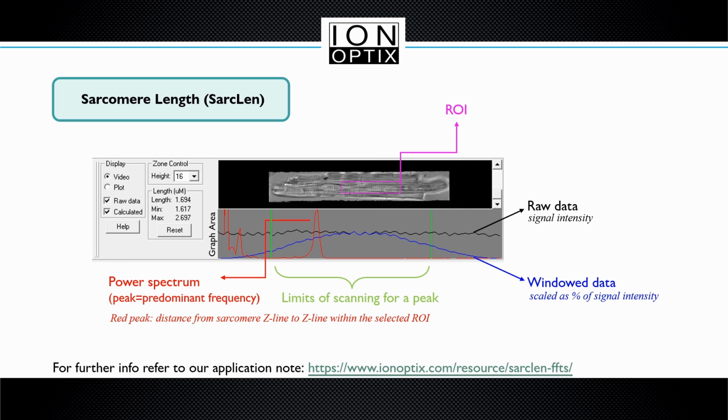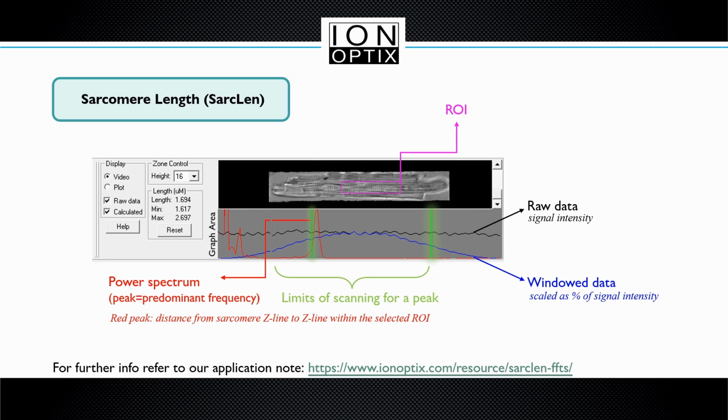For the left-hand green line, avoid positioning it too far to the left, as this can reduce intensity and increase noise in your red line and peak. Also, avoid having it too close to the red peak, especially if you plan to measure sarcomere length before and after adding an agonist such as isoproterenol.